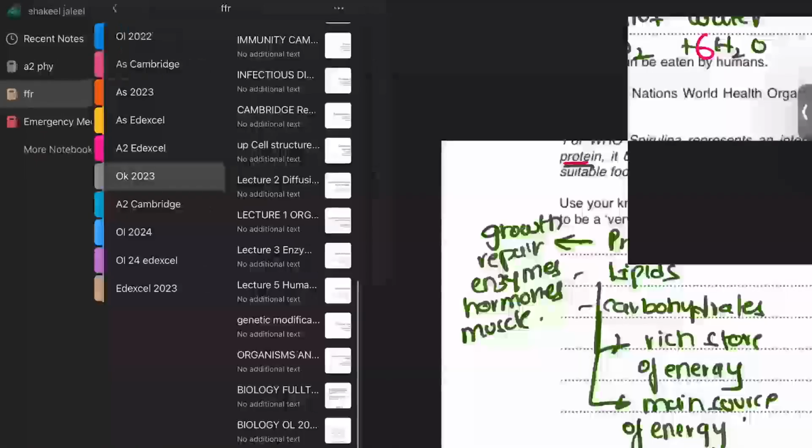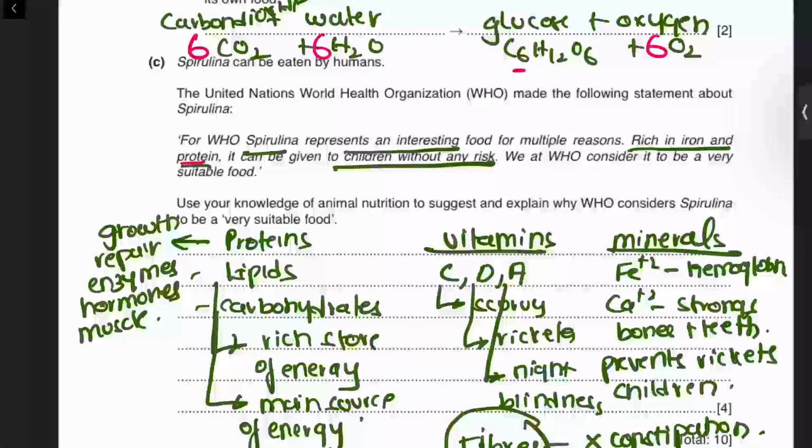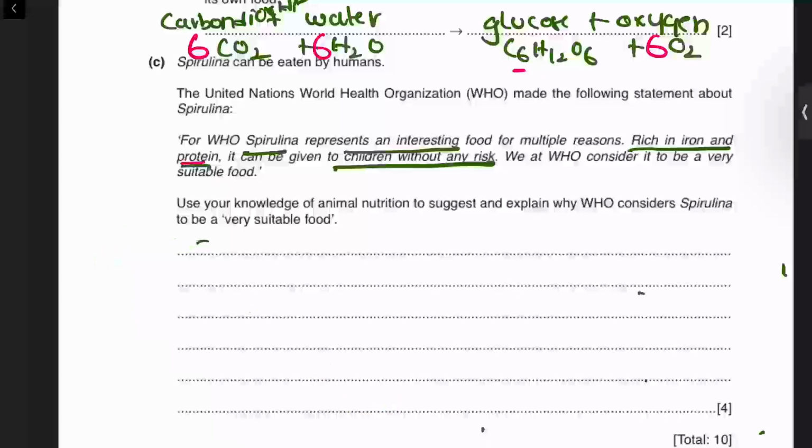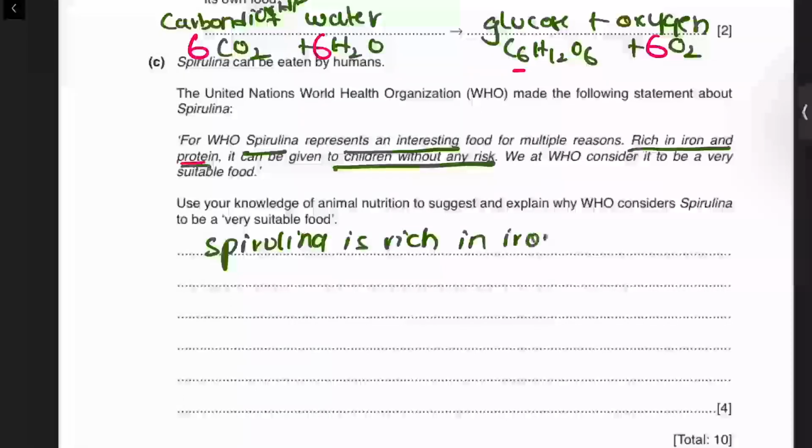Okay. So the answer to this question would be spirulina is rich in iron. Now, do not write your grade 8 style answers where you say spirulina is rich in iron and it's rich in protein.